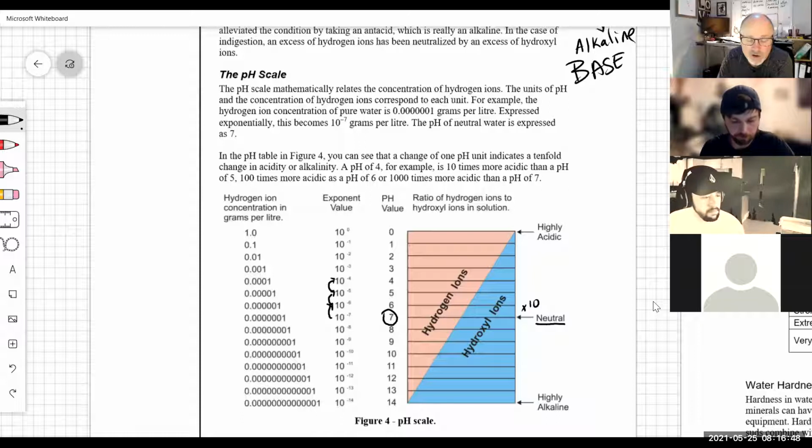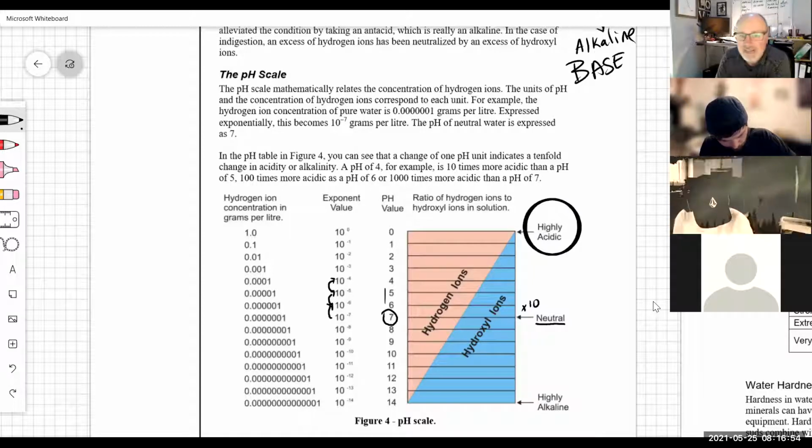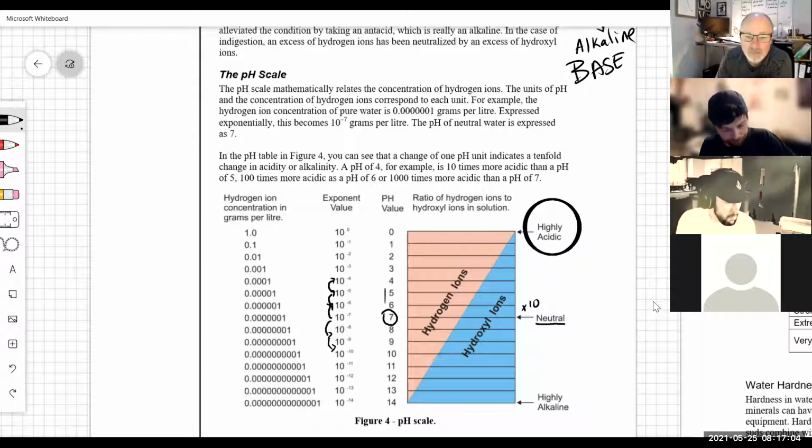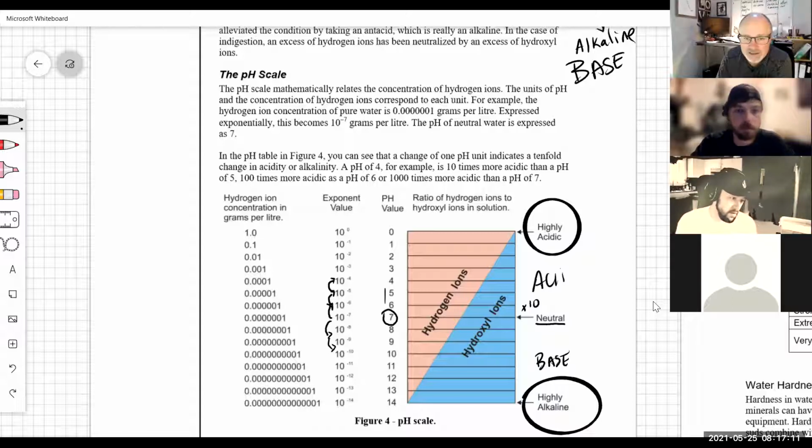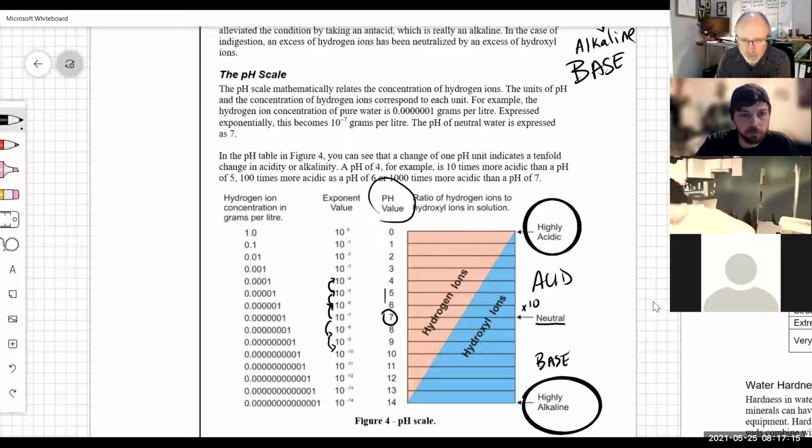As we go times 10 higher, we get more acid. And if we go the other way, with fewer hydrogen ions or more hydroxyl ions, you become highly alkaline or a base. So this is an acid, and this is a base. And this is the pH value in which we do this.